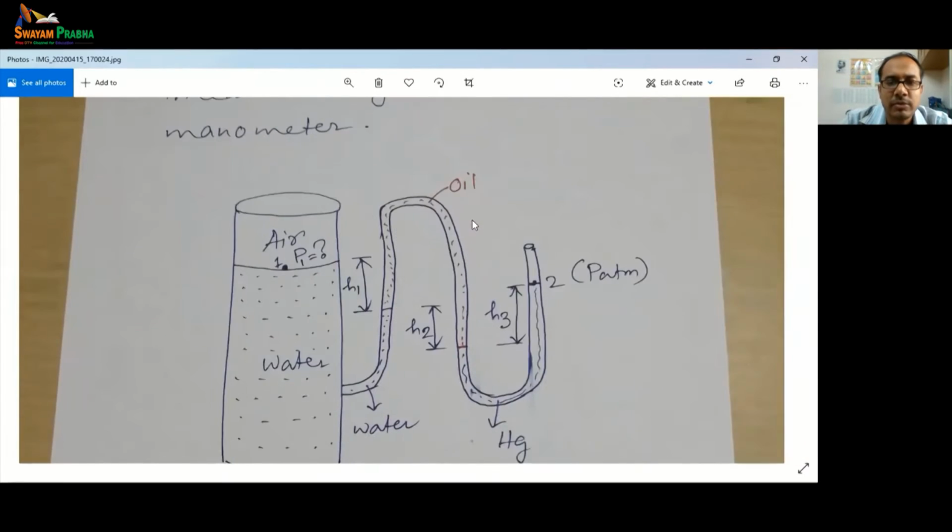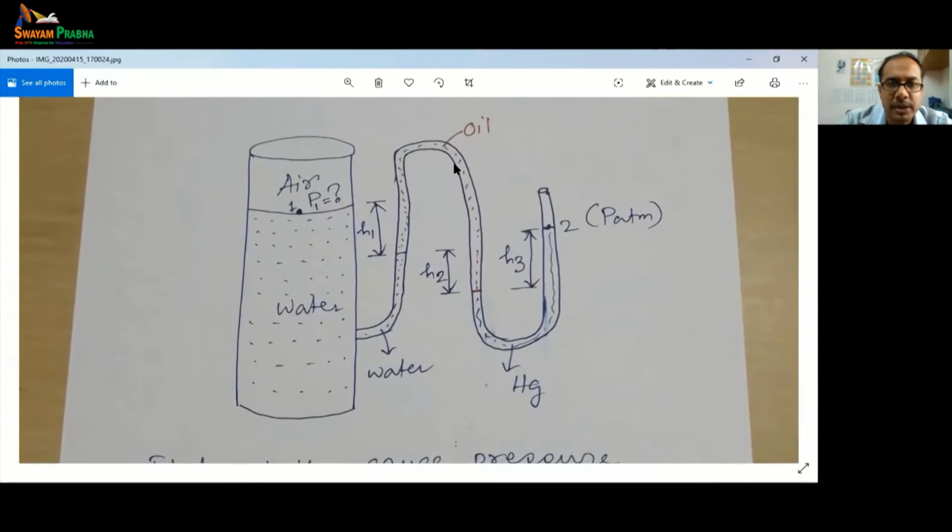Now you can look at this picture where this multi-fluid manometer is depicted. Again, please follow my cursor on the screen. On your left hand side you are seeing a tank which is closed from all directions and contains water, but partially, and on top of that air is entrapped.